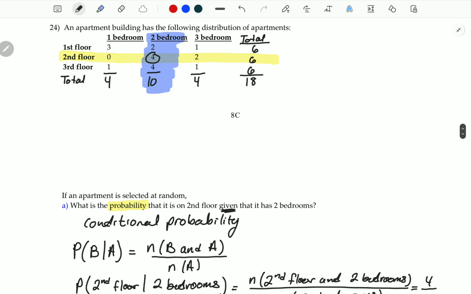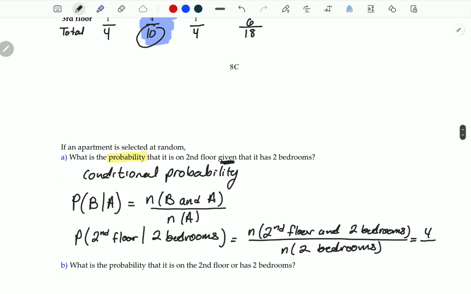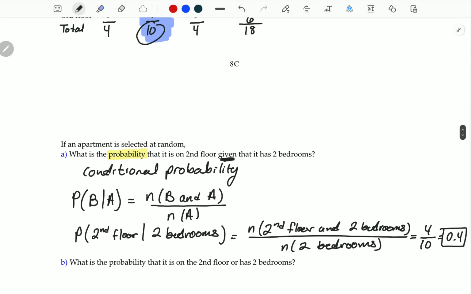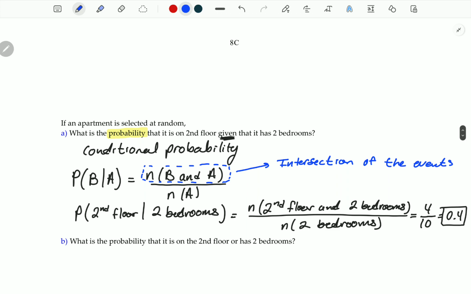In total, there are 10 apartments with 2 bedrooms. So that's 4 divided by 10, which is 0.4. And that is the answer to part A. So remember, the word and in this question means the intersection of the events.